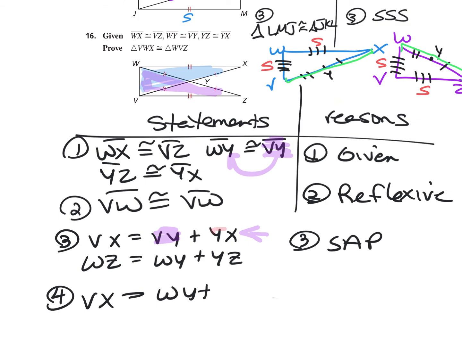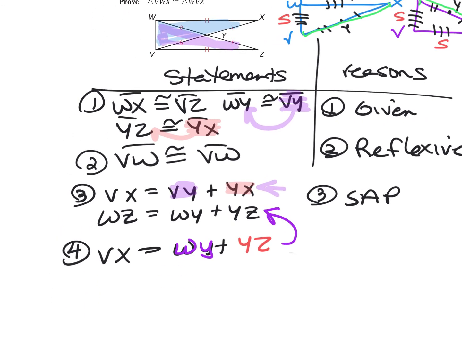Let me do a different color. This one. Notice right up here in my given, it was equal to YZ. And that's what I'm going to replace. I'm going to put YZ here. And then notice that right up above it, these two statements now look the same. So what I just did to come up with statement 4 was substitution, not transitive.